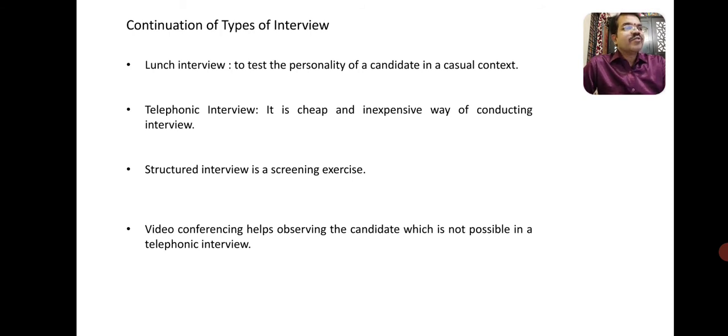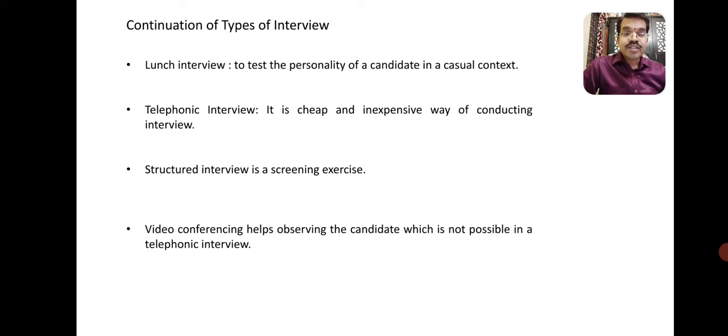And going further, we have the telephonic interview. And why is the telephonic interview sought after by many of the employers? Today we are living in the times of the pandemic. So it is not very advisable to go out, even for any formal occasion such as an interview, or for any such formal matters.